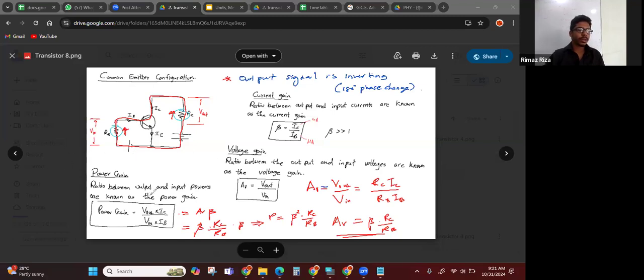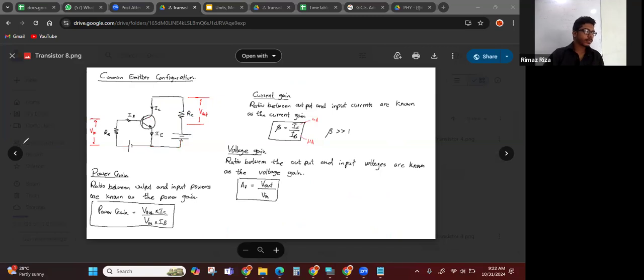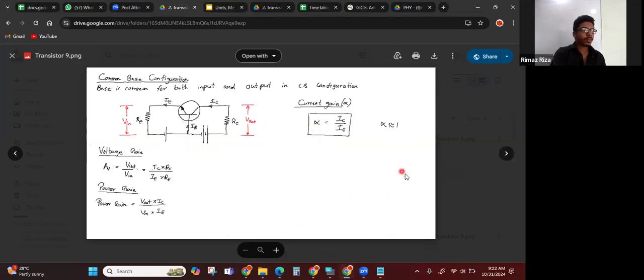Okay, so then we can move on to the next. If you're still drawing, or just writing, you can take a screenshot. And finally, the common collector configuration.